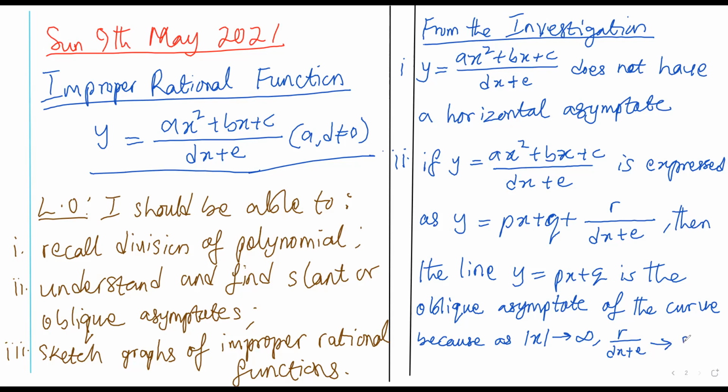Zero. Tends to 0, and consequently, which implies that y tends towards px plus q. So maybe I call this y1, this is also y1, then this will be y2. So we are saying y1 tends towards that. Understand?